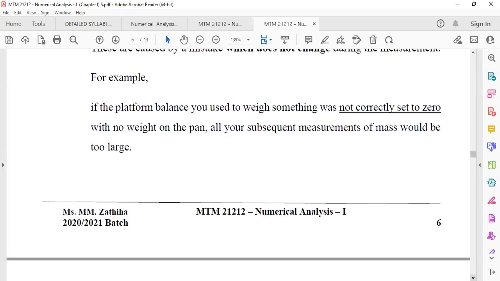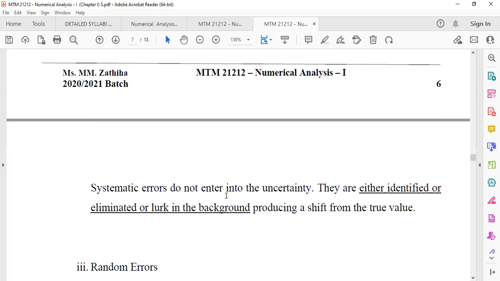Systematic errors do not enter into the uncertainty. They are either identified or eliminated or lurk in the background. Lurk means remain hidden. If we don't correct them ourselves, they will be there forever. So systematic errors are a thing we have to consider when we do the measurements.